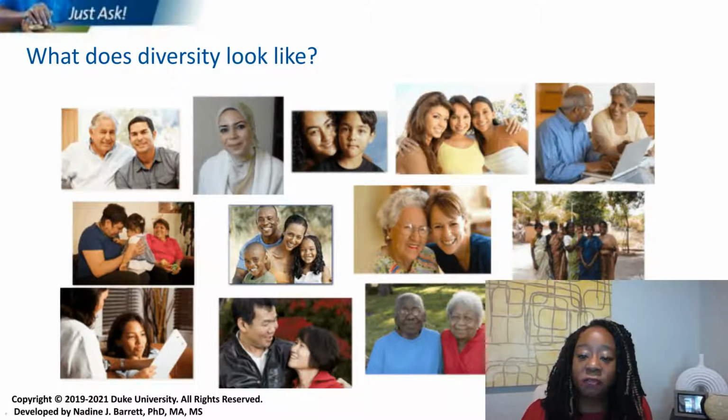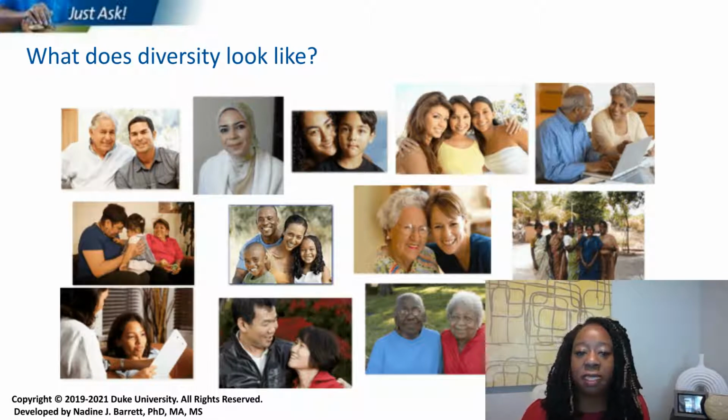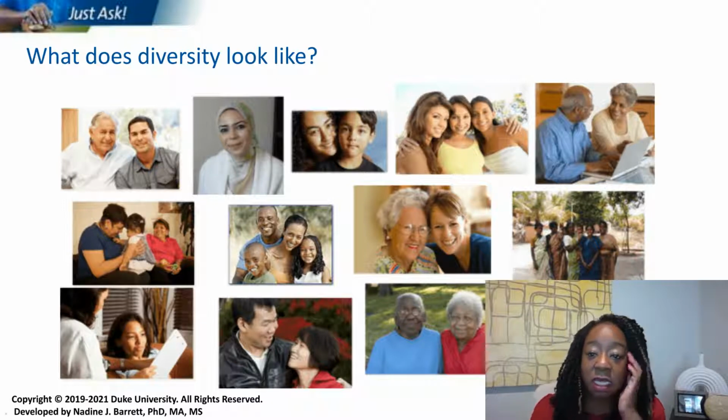So oftentimes here we also see there's relationships that could be husband and wife, it could be a family unit, etc. And I always look at this picture, and depending on what audience I'm speaking to, who I'm engaging with, there are oftentimes, if you look on the top row, about the fourth picture in, you see the three women kind of together, and one of the women is in the color yellow.